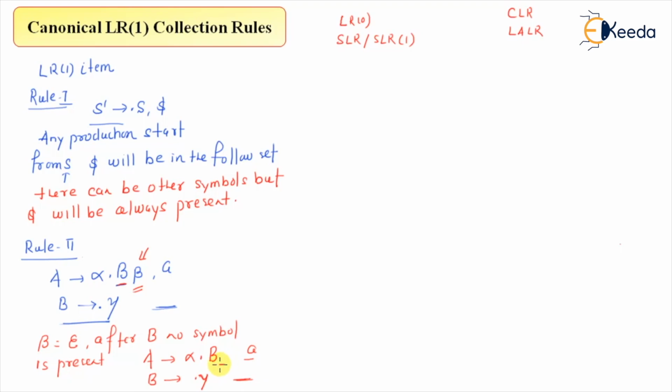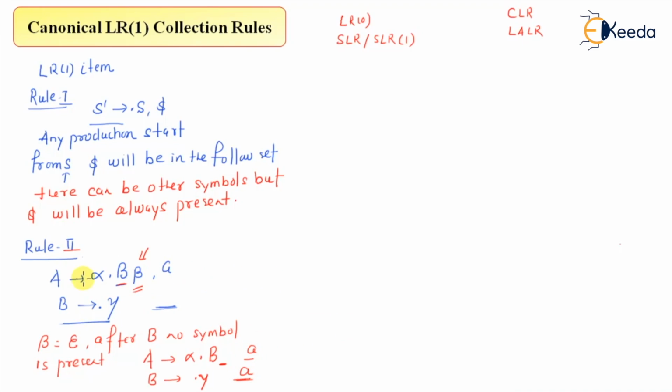Since nothing is there after B, I will copy the same symbol. That is the rule: if nothing is there, we copy the same symbol over here. There can be another situation where we copy this symbol, and I will come to that later, but let's first understand the basic rule.